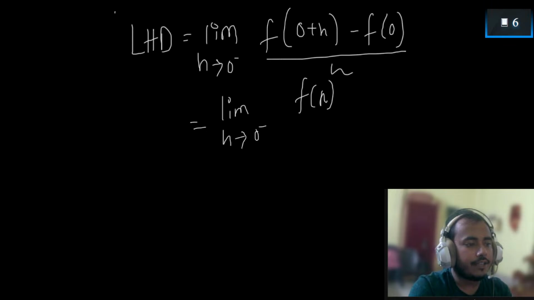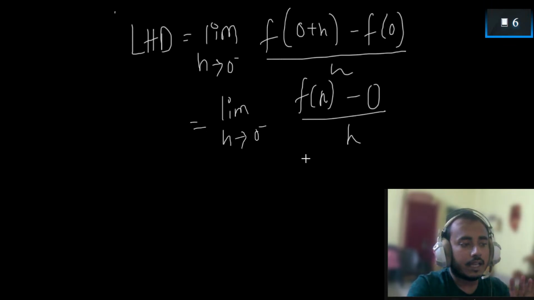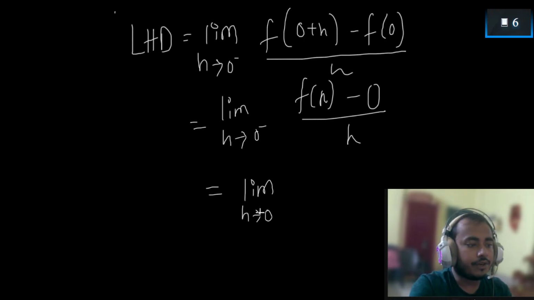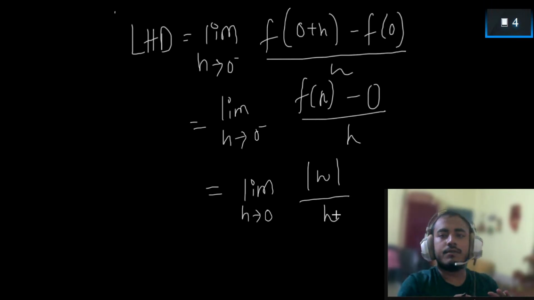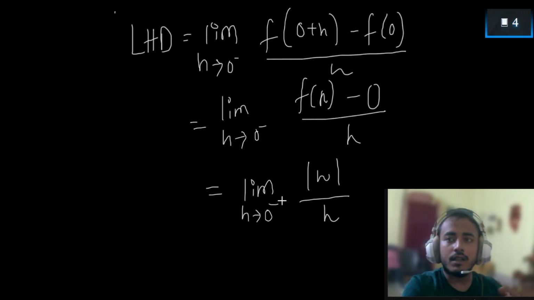This would be f of h minus 0 by h. So far, so good. Now, limit h tends to 0 minus, f of h is nothing but mod h, divided by h. So we have limit h tends to 0 minus mod h by h.